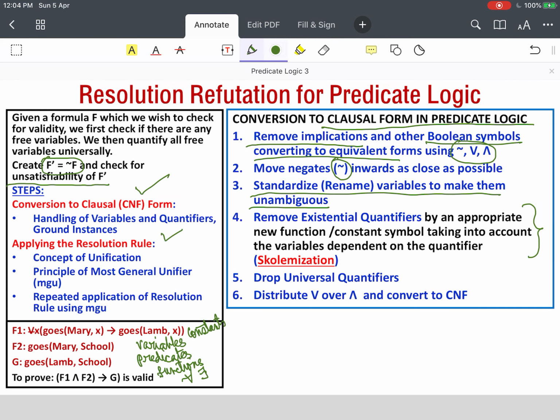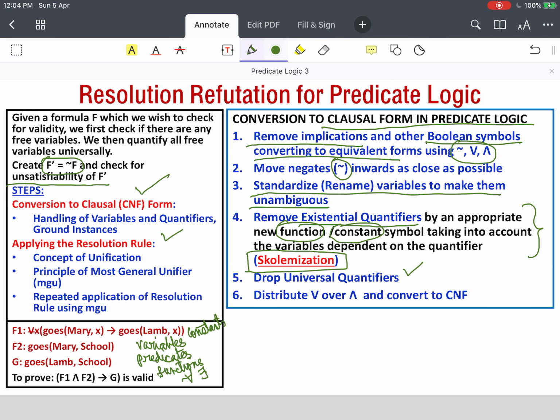Then we will use a step called Skolemization, where we will remove the there exists quantifiers. This there exists quantifier will either be removed by replacing it with a constant symbol, or if it is dependent on any other variable, it will be replaced by a function symbol. This step is known as Skolemization, based on the person who introduced the Skolem function.